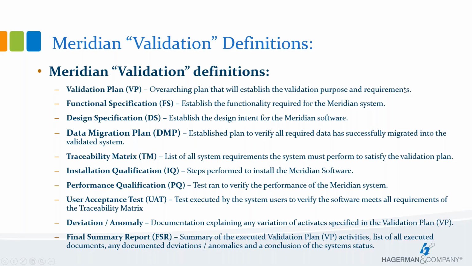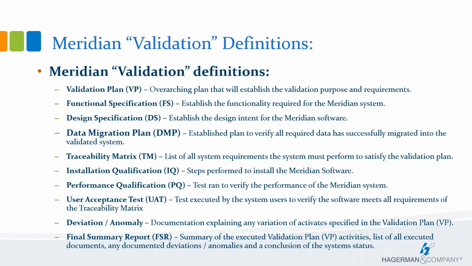Without a validation plan, you really don't have any type of validation, because the validation plan sets everything in place. It puts your rules in place. It establishes roles and permissions of who's going to do what, what approvals are going to be required, what documents you're going to provide, and all that. So the validation plan is a key piece to setting up a validation of a system.